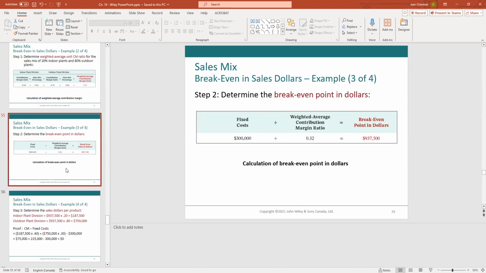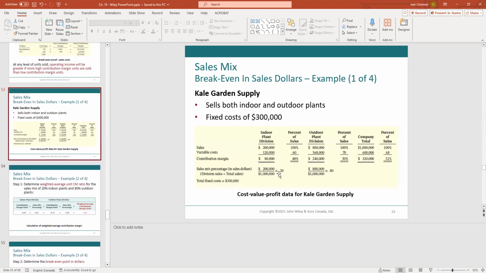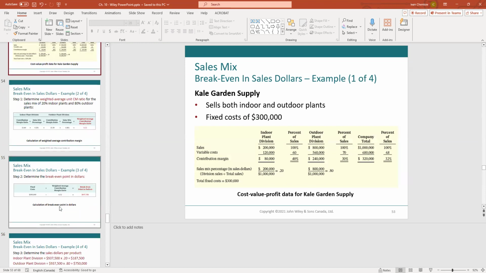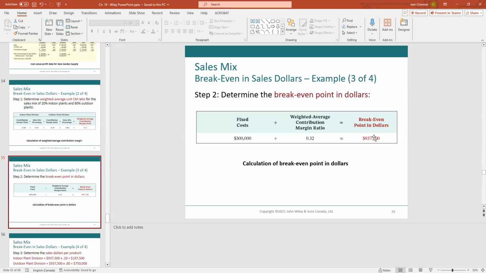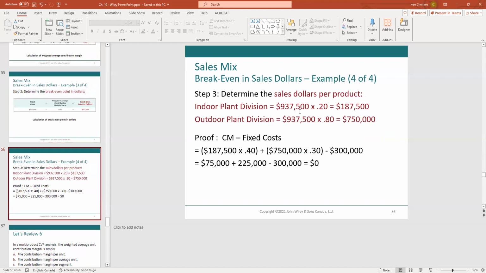Once we have the break-even point of sales and the sales mix, 20% goes to the indoor and 80% goes to the outdoor. Those units have to come, 20% from one and 80% from the other. And that's how we calculate it.